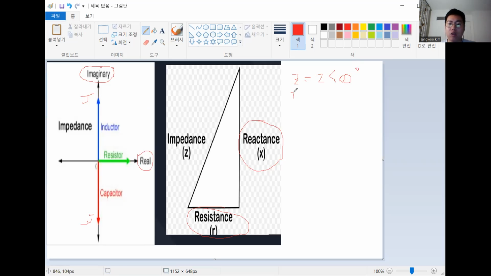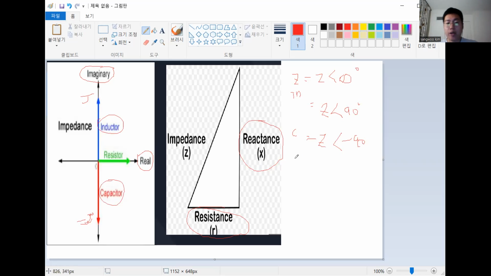And in the inductor, we say J is plus, and for the capacitor, we say it's minus J. If you didn't understand what I'm saying now, try to see the previous lecture, okay?